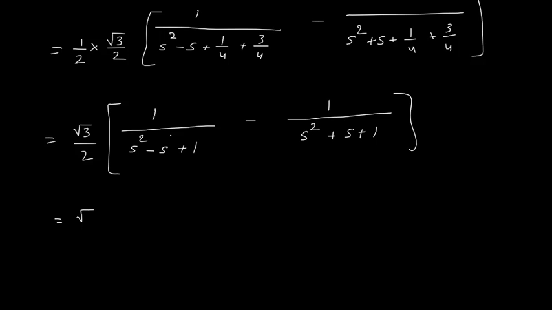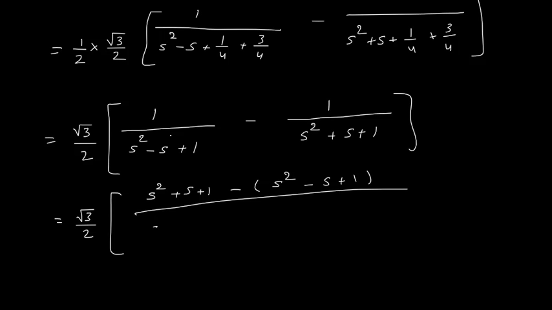This is equal to root 3 by 2. Now I will cross multiply: s square plus s plus 1 minus, in bracket I will write s square minus s plus 1, and whole divided by, in the denominator we have s square minus s plus 1 in one bracket and s square plus s plus 1 in the other bracket.